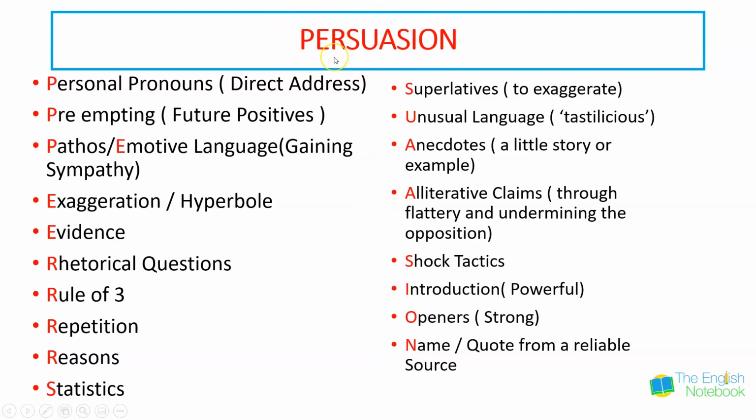So when you go into your exam and you go into section B of language paper 2, straight away write this down on your paper. Write this down on your question paper and learn all of these out. So you've got P standing for personal pronouns, preempting, pathos, and you've got E, exaggeration, evidence, rhetorical questions, your superlatives, statistics. So guys, it's really easy for you to remember now, and I do hope that you will remember this and use it in your exam.